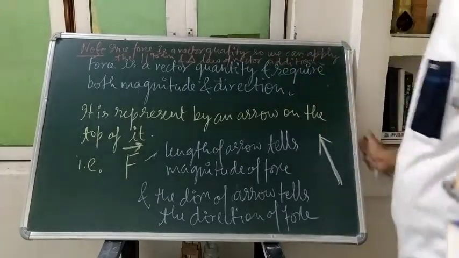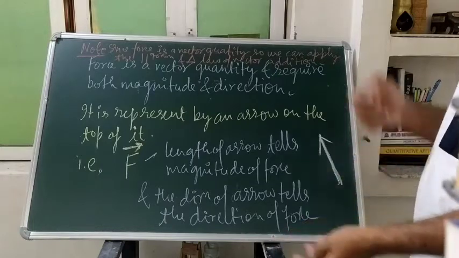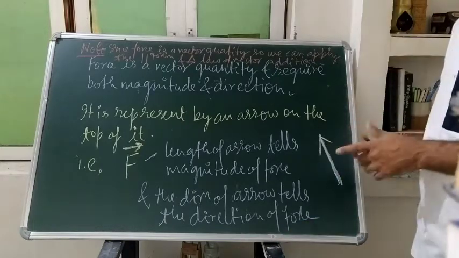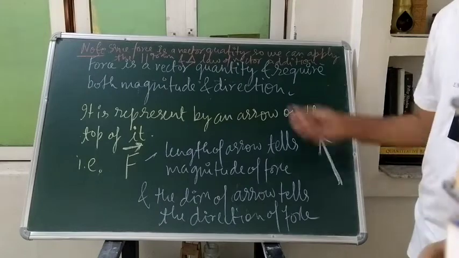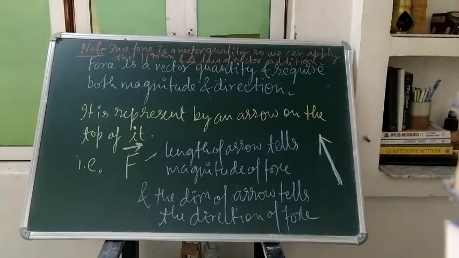So we can apply the parallelogram law of vector addition and triangle law of vector addition on it when the different forces have different directions. So I have this screenshot.